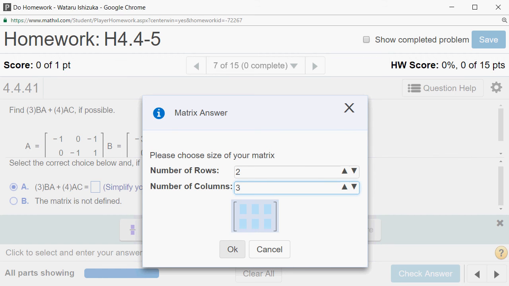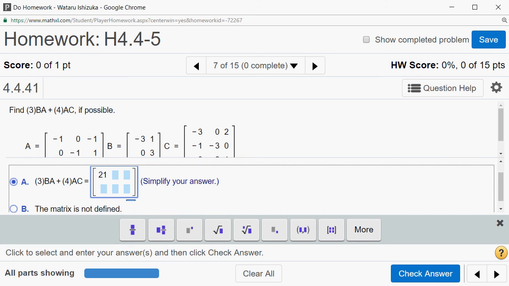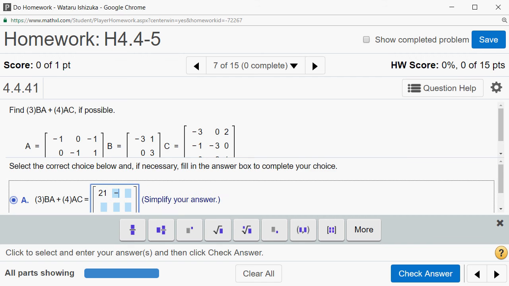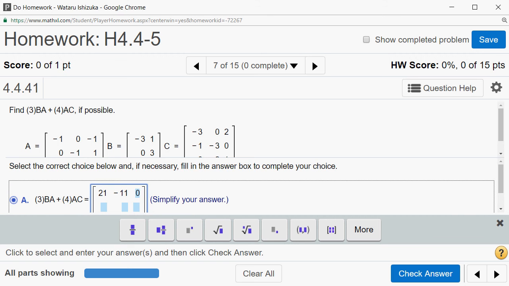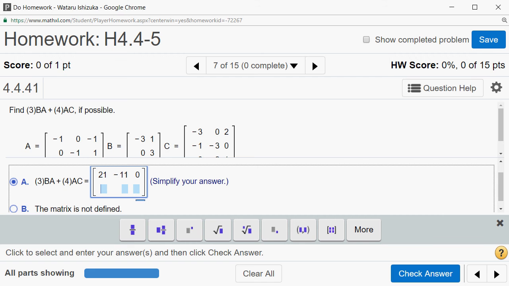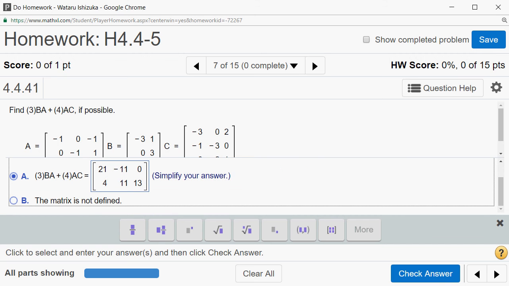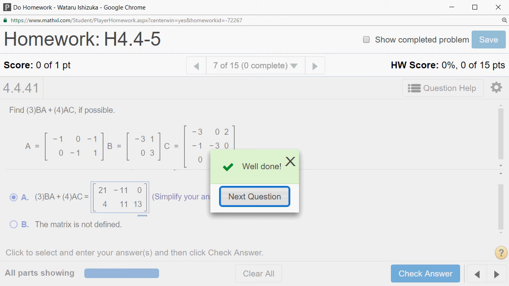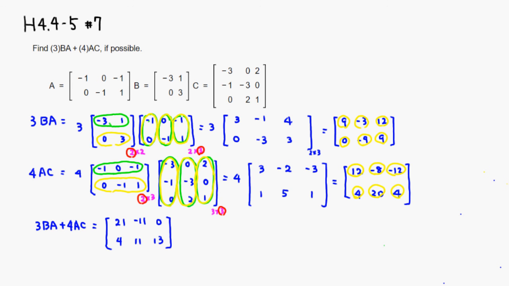The first element is 21, and the next one is negative 11, and 0, and 4, 11, and 13. Let's check the answer. Alright, got that. That's it. I hope that this was clear.